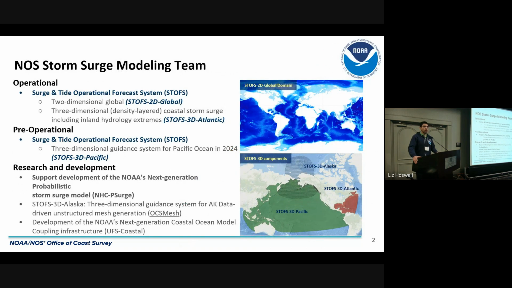First, let me talk a little bit about our team at NOS. The Office of Coast Survey, which is part of NOS, is responsible for safe navigation and coastal resilience. As part of that, our team, the Storm Surge Modeling team, is running a couple of operational models, such as STOFS 2D Global, STOFS 3D Atlantic, and soon STOFS 3D Pacific.